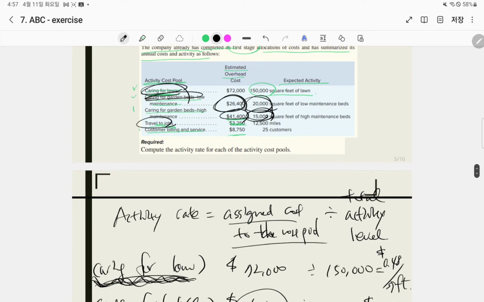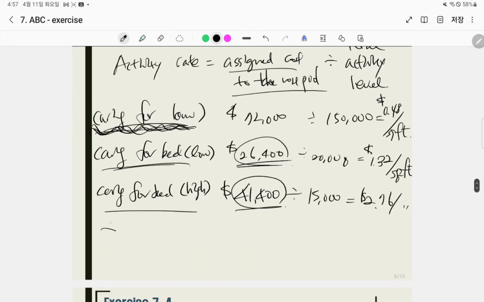Travel to job. So 3,250 divided by 12,500 miles. So 26 cents per mile.